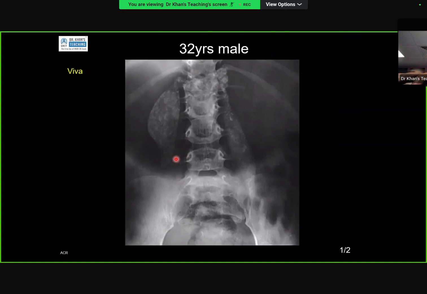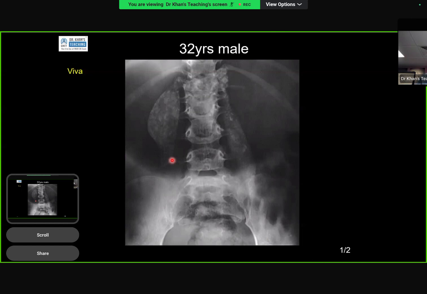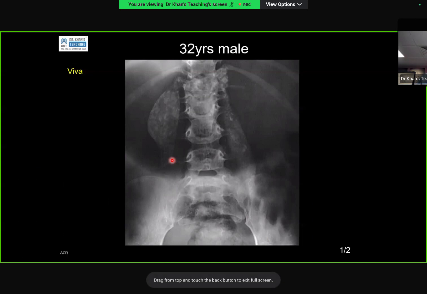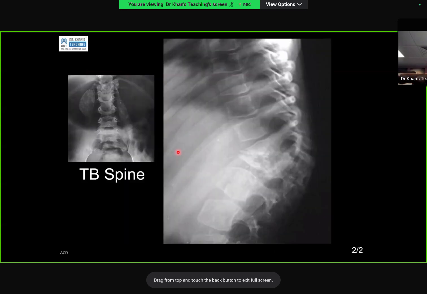Spot diagnosis, what is this? So tuberculosis spondylodiscitis, bilateral calcified psoas abscess. Excellent. So this is a case of chronic bilateral psoas abscess with calcifications, which can happen in historic TB. And if you see this gibbous deformity, the disk space is completely gone.